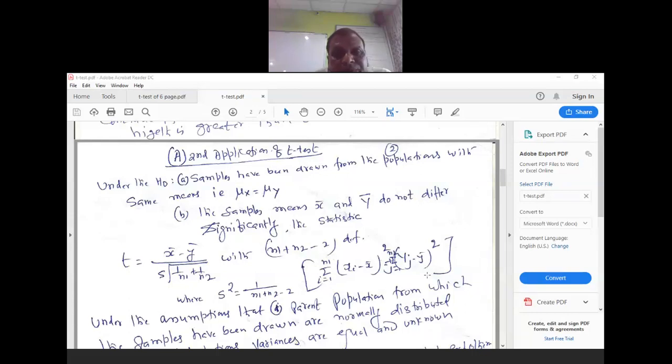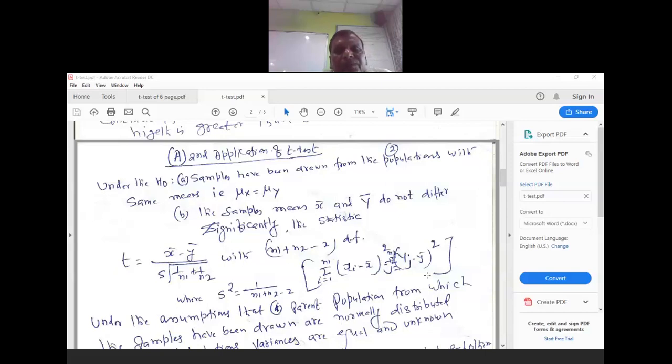The second application is to test the significance of the difference between two sample means. The third application is to test the significance of an observed sample correlation coefficient, then to test the significance of an observed regression coefficient, and then to test the significance of an observed partial correlation coefficient.